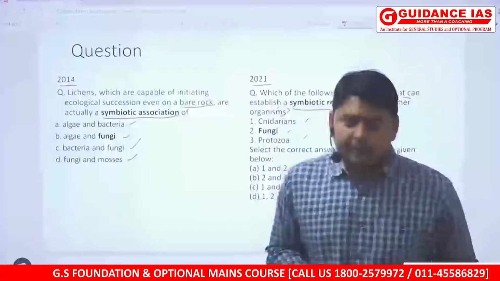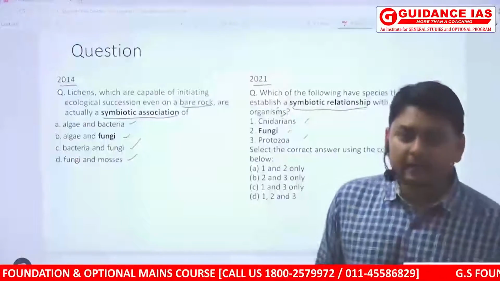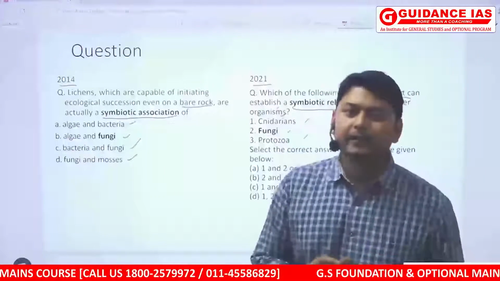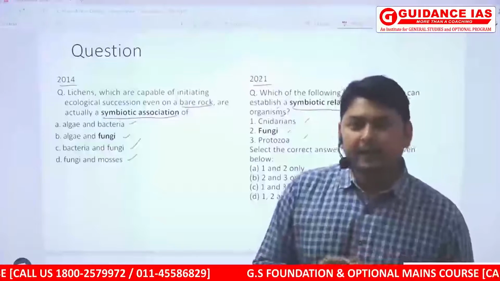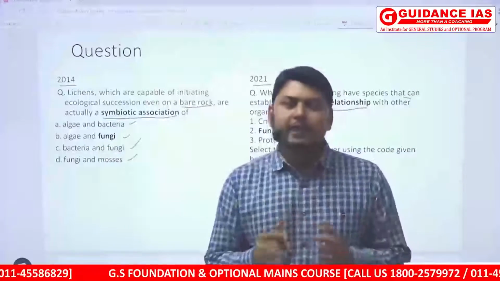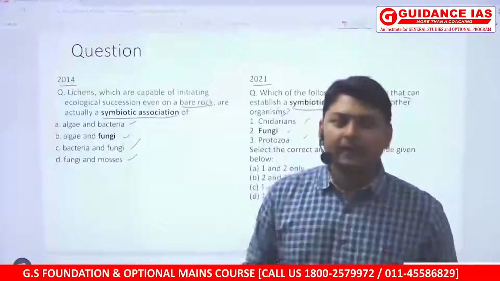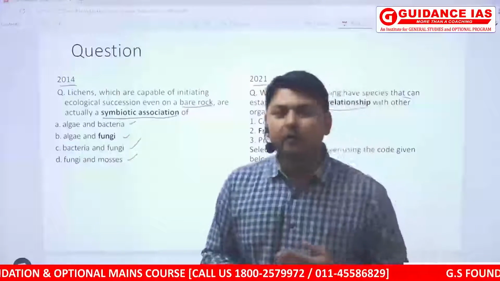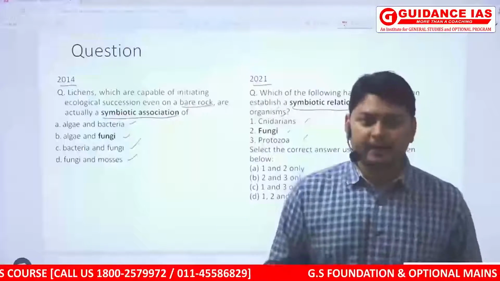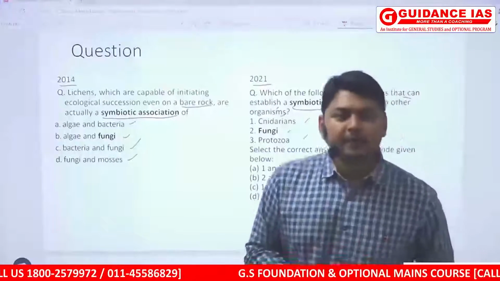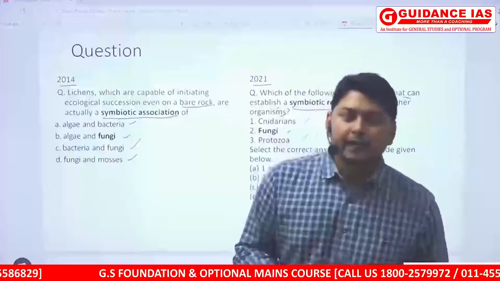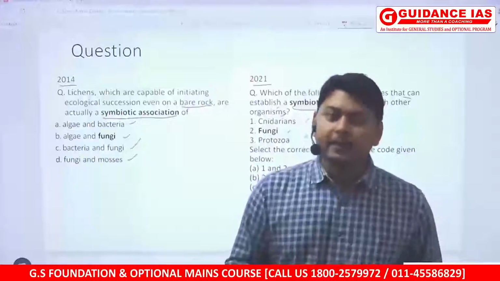Now, a symbiotic relationship is basically when two organisms live together in an environment in which those two organisms benefit from each other, or they are getting something or the other from each other. So this is called a symbiotic relationship. For example, in coral reefs, there are polyps and green algae or red algae.